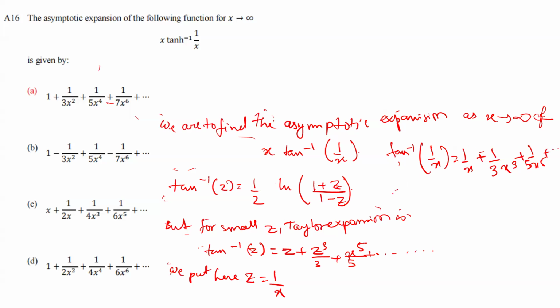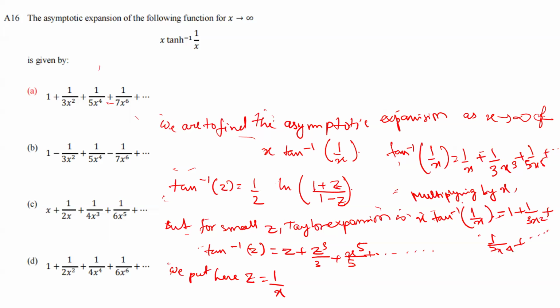Right, we're multiplying by x, we can write x tan inverse 1 by x is equal to 1 plus 1 by 3x square plus 1 by 5x to the power 4 and so on.